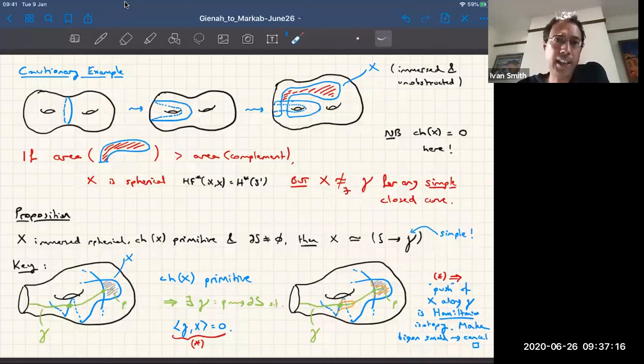And starting from there, you see that this is a spherical object which is not actually quasi-isomorphic in the category to a simple closed curve. Of course, this is an example in which the Chern character of the object, which I told you was some sort of corrected version of the fundamental homology class, is zero.